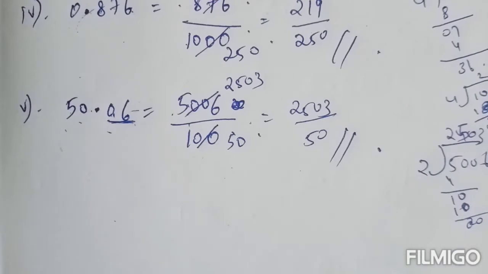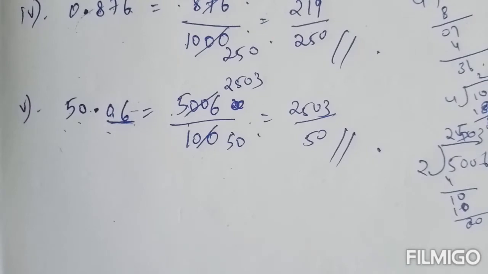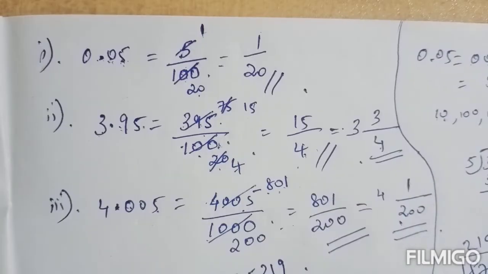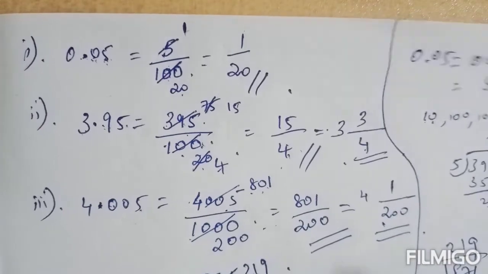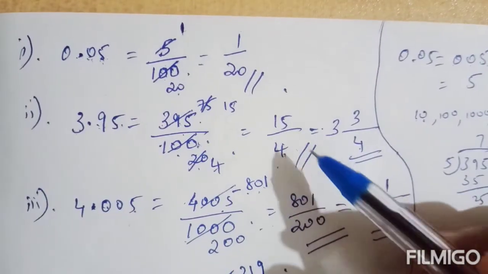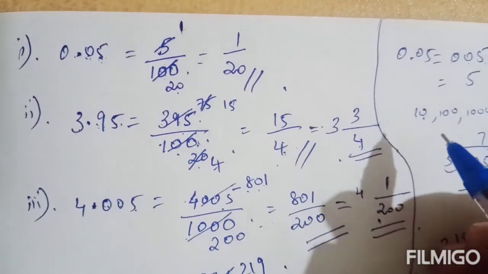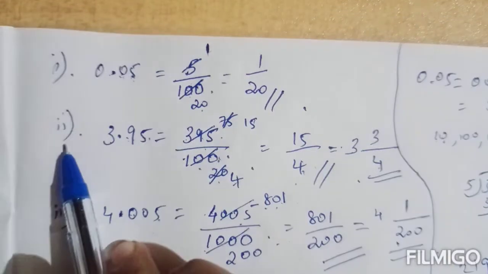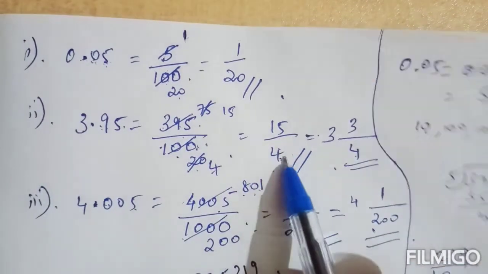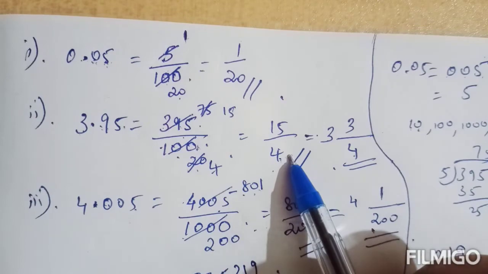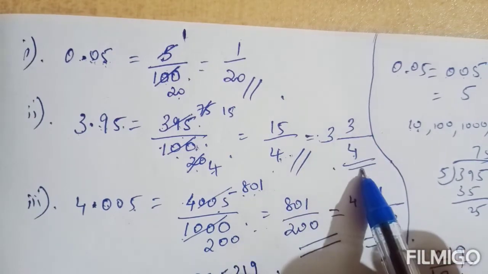Do the sixth one and seventh one as homework. One more thing, if you got an improper fraction, you can convert that to mixed form. So in the second one, we got 15 by 4 as answer. On converting to mixed fraction, it will be 3 3 by 4.